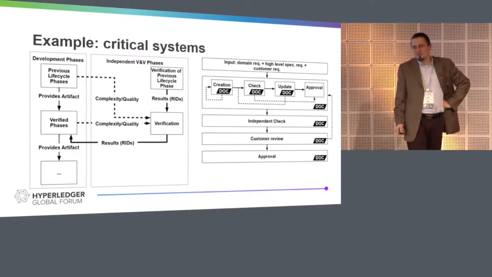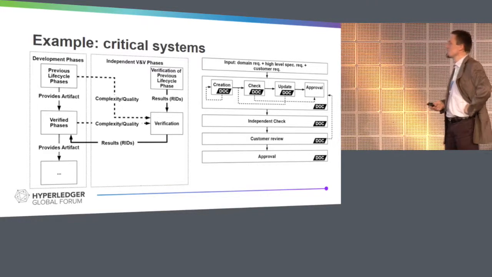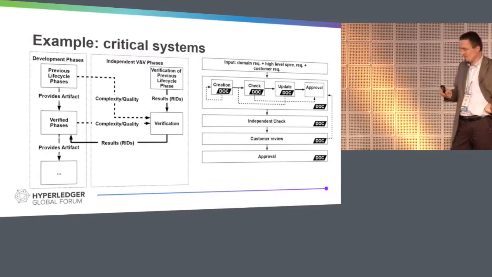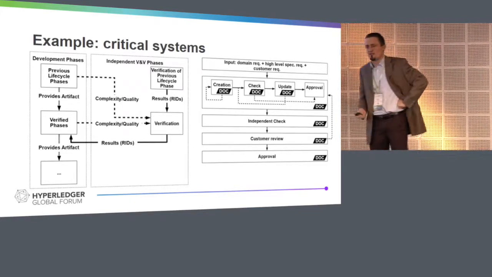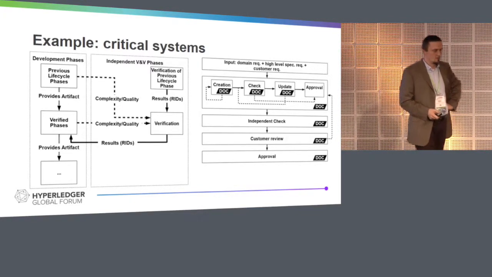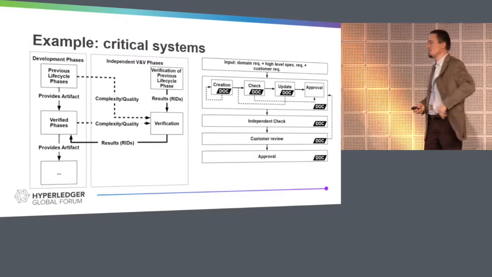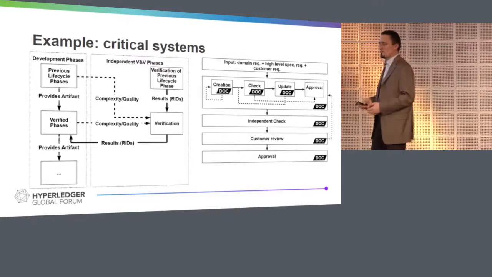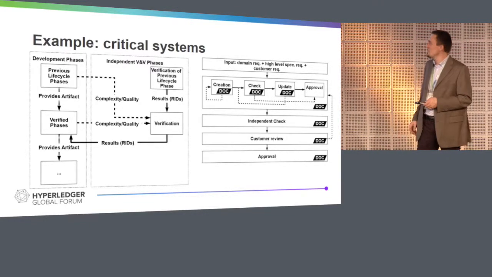So I mentioned that there can be processes where it's really critical to see who performed what. And this figure is a schematic figure about critical system verification. We had a project together with some of the companies which perform so-called independent system verifications for major companies. And what is their challenge?